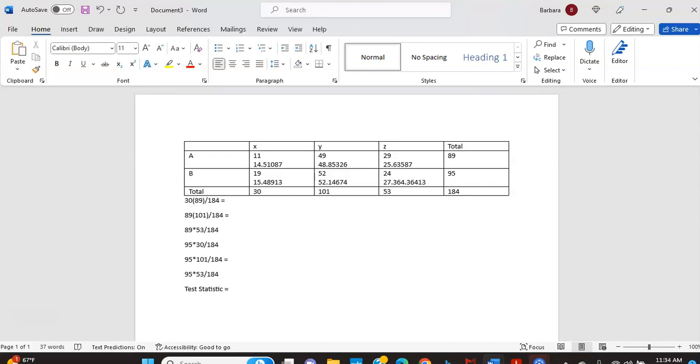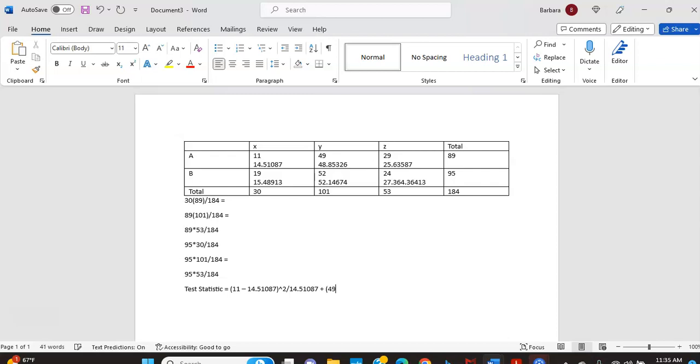Okay, so we are going to take the original outcome of 11 and subtract the new expected value that we got and square it. And then we'll divide that by the new expected value, 14.51087. And we're going to do that for every single cell.